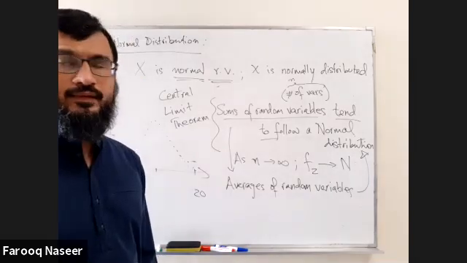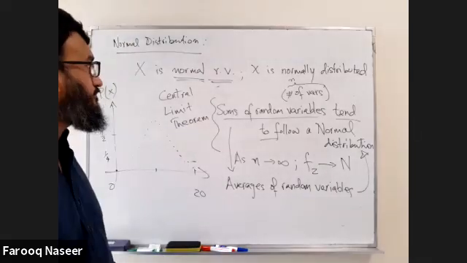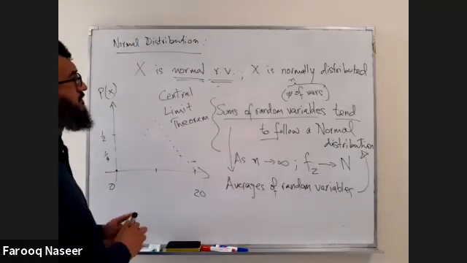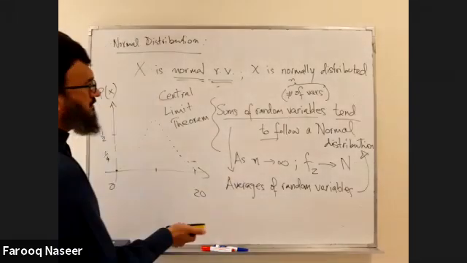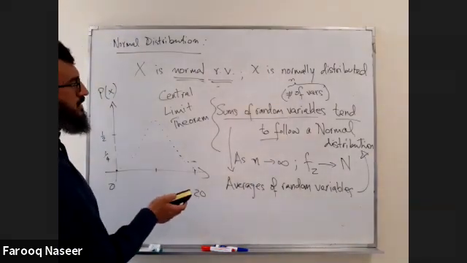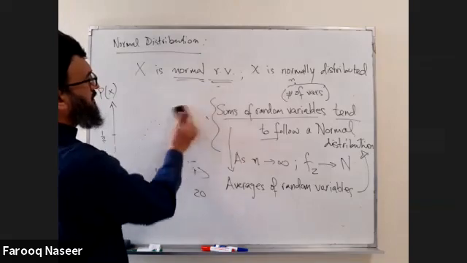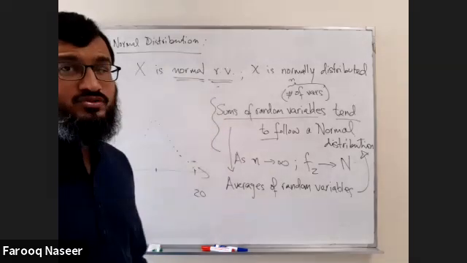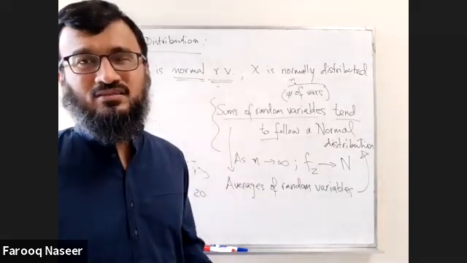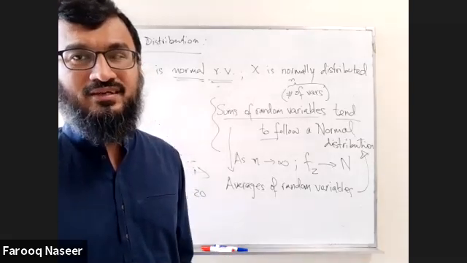Okay, any questions? So this is like the second major property of the normal distribution. कि एक तो normal distribution, you find it a lot in nature when you try to measure different things.